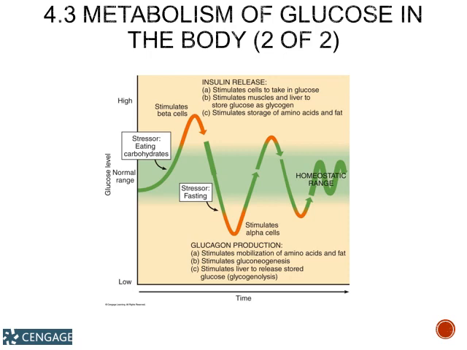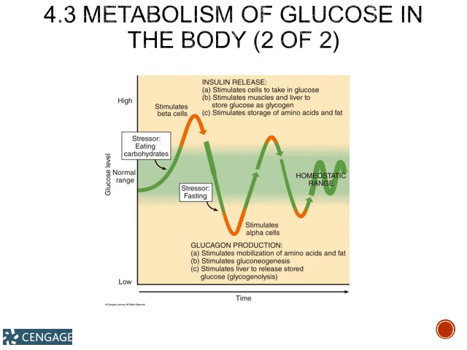As blood glucose levels drop over time, levels can fall out of range in response to fasting. In response to fasting, glucagon is produced. Specifically, the alpha cells of the pancreas are stimulated to release glucagon. Glucagon's jobs include the stimulation of the mobilization of amino acids and fat.